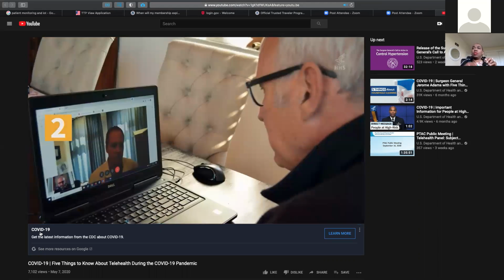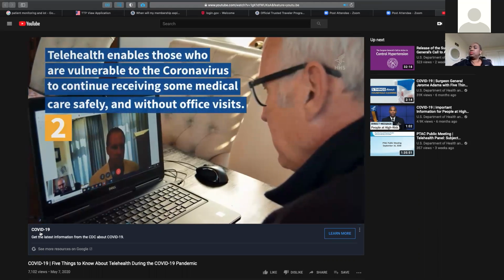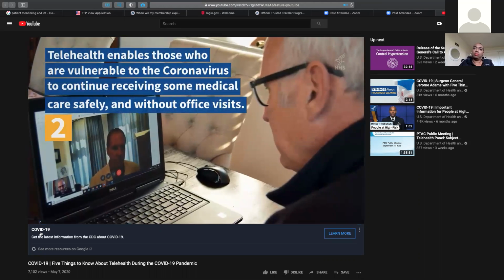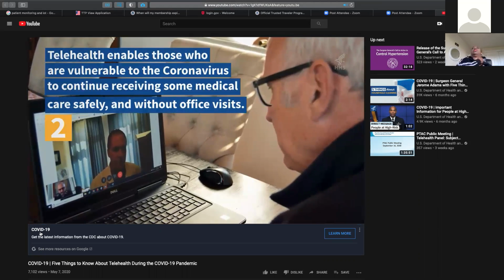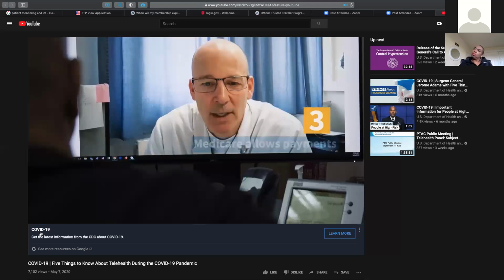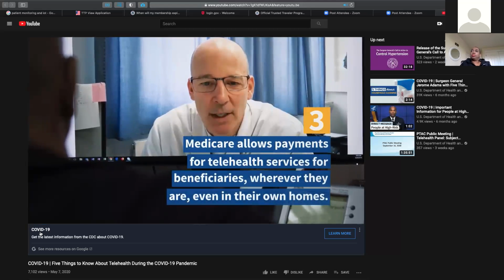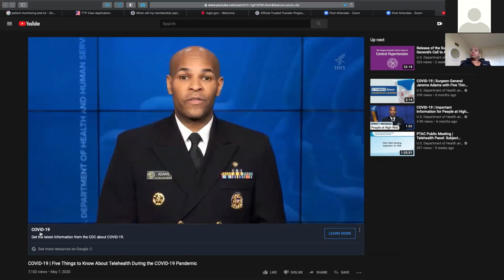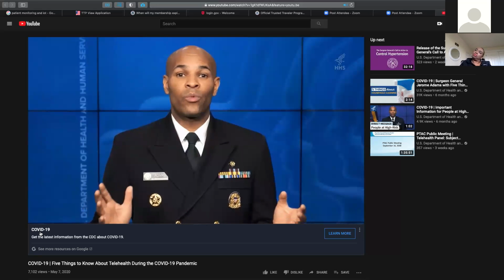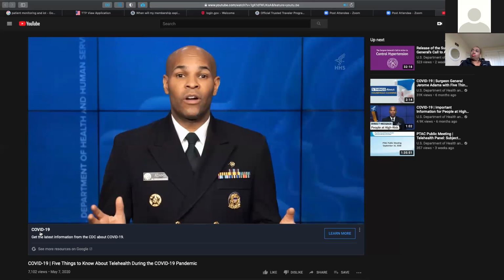Second, telehealth enables those who are vulnerable to the coronavirus, like the elderly and those with compromised immune systems, to continue receiving some medical care safely and without office visits. Third, Medicare allows payments for telehealth services for beneficiaries wherever they are, even in their own homes. Prior to the COVID-19 public health emergency, Medicare telehealth services were only available to people when they were in a rural area and at a healthcare setting like a hospital or physician's office.